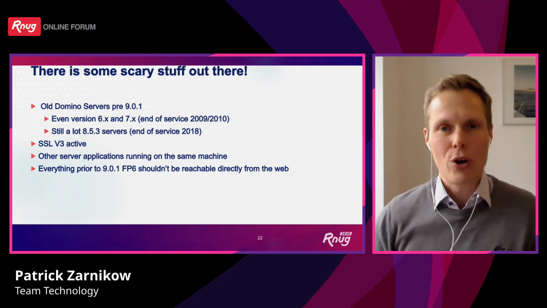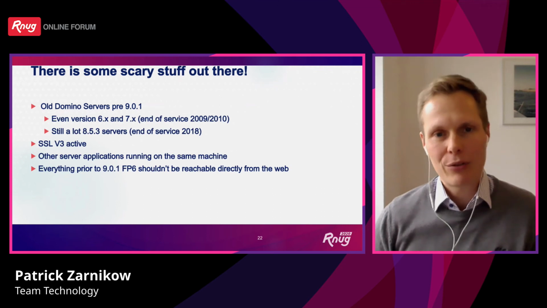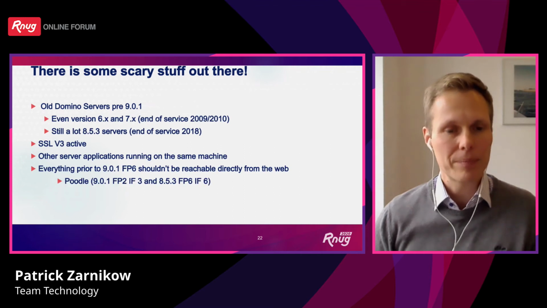Everything prior to version 9.0.1 FixPack 6 shouldn't be reachable directly from the web. If you have servers like this, you should always put a reverse proxy in front of them, to manage the security on the reverse proxy and not on the Domino server directly.